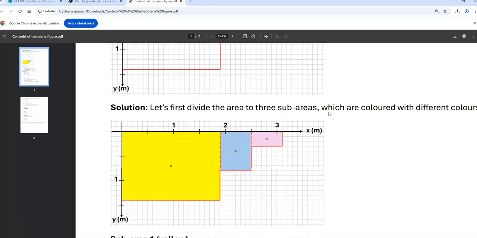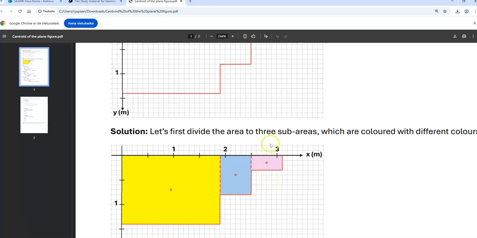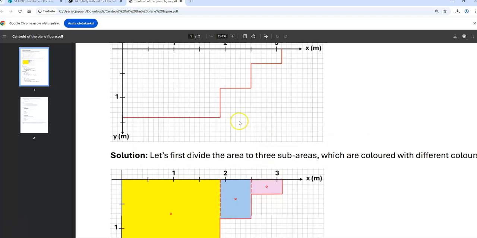And now I have used this kind of method. I have divided that area to 3 sub-areas. It can be made with many ways. This is one possibility. I have used vertical lines.